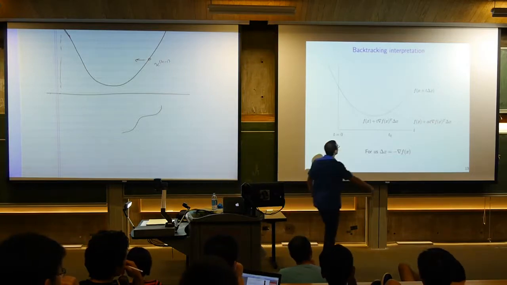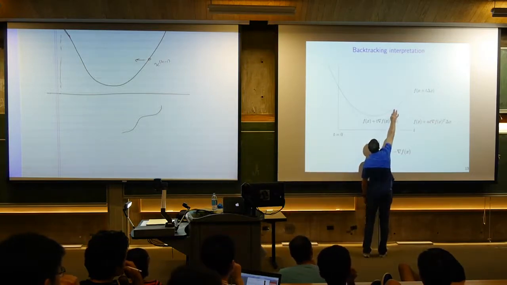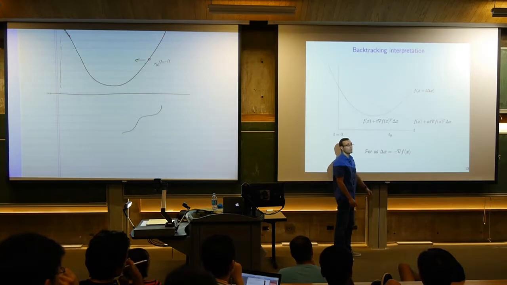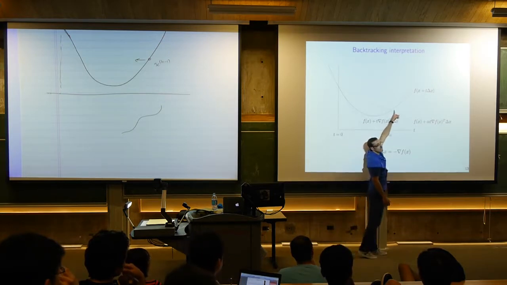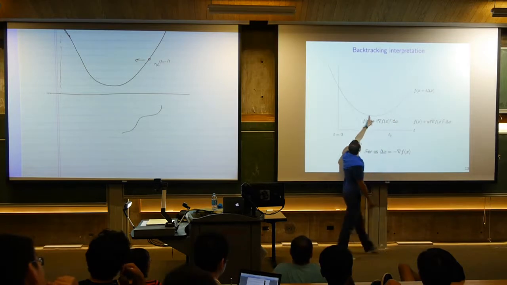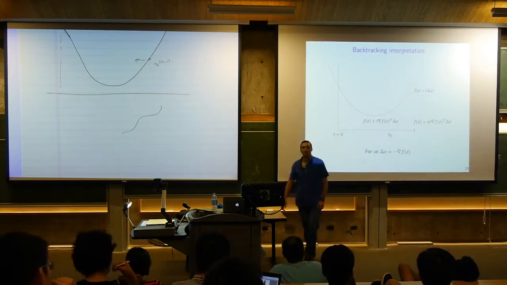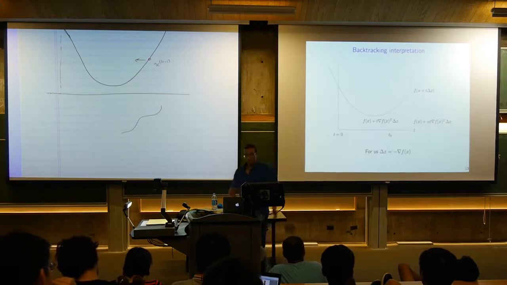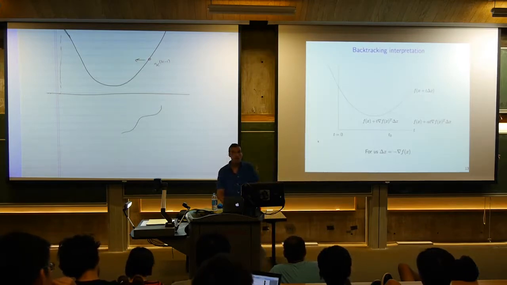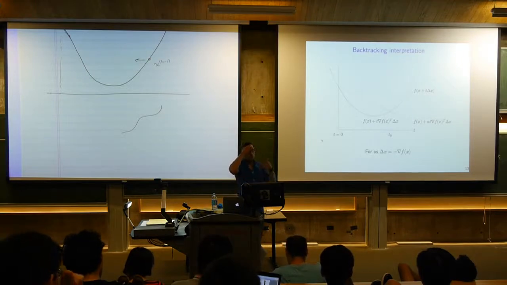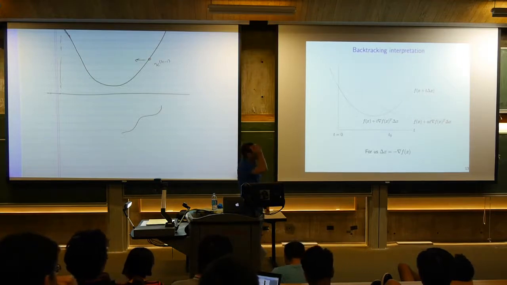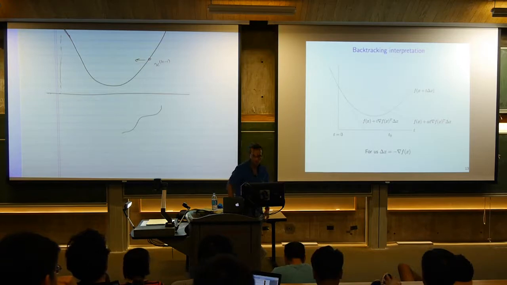I could be here, and I don't have the proper direction yet, so my function is still lying above the linear approximation, and I multiply by 0.01, and I end up out here. So it's definitely met, but I have a way too small step size as a result. We could overshoot where we want to end up with backtracking, basically considering too small of a step size by the time that we exit.